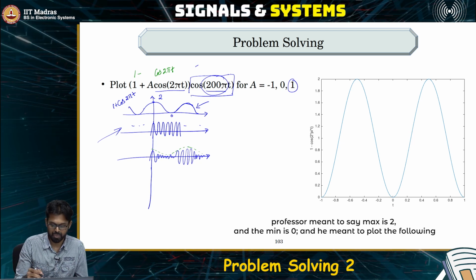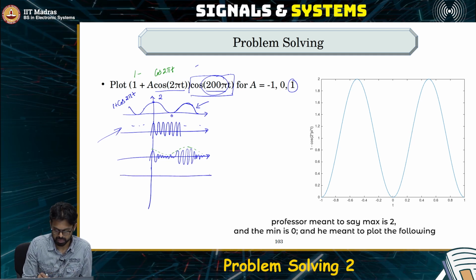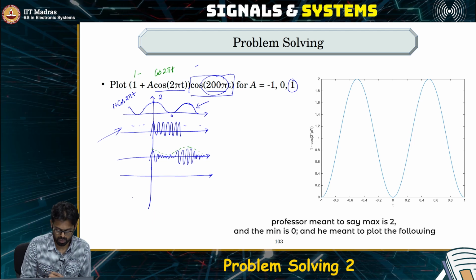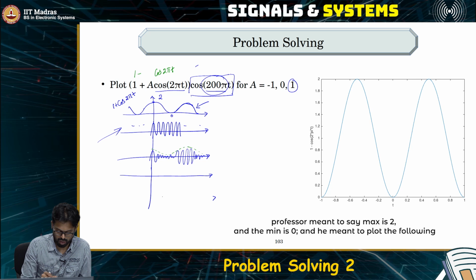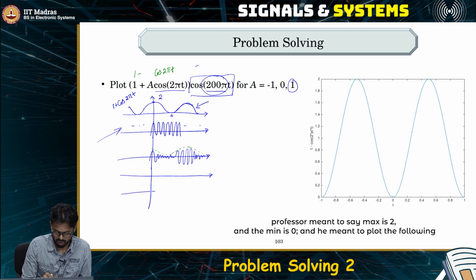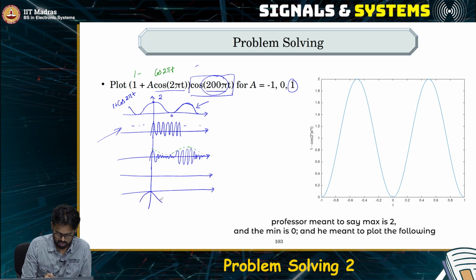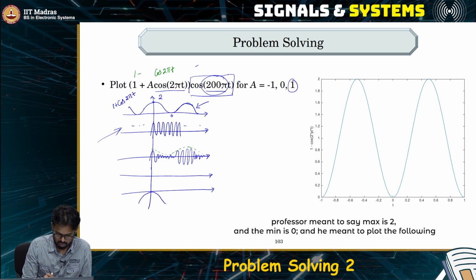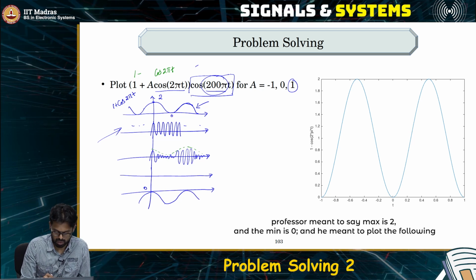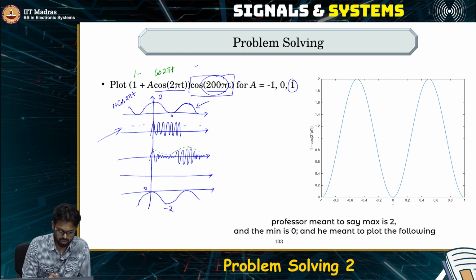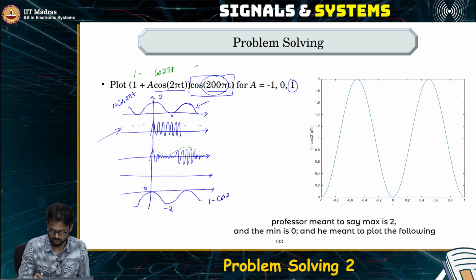In other words, this entire signal gets flipped. This is 0 and this is minus 2. So this is what we have as 1 minus cos 2 pi t.